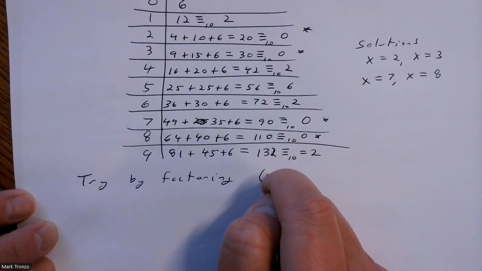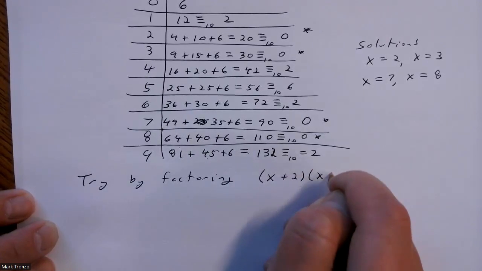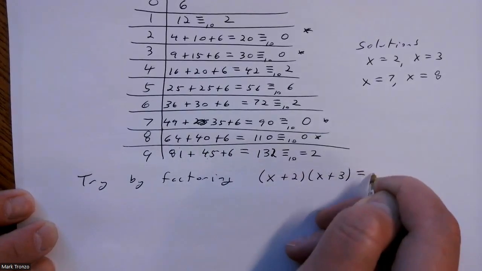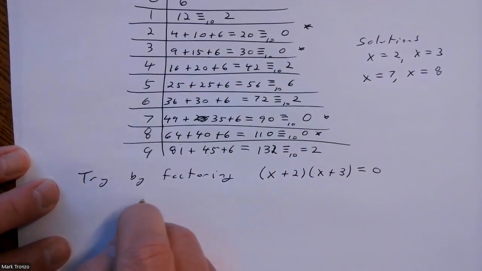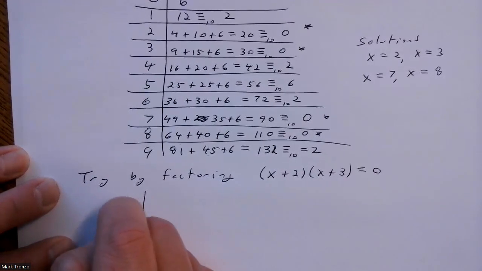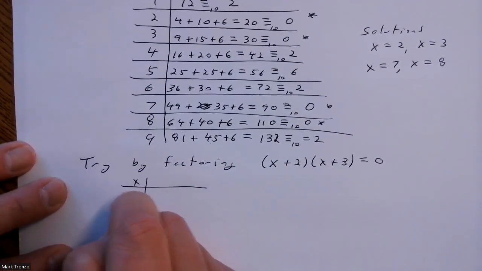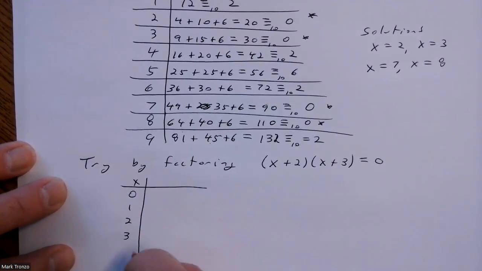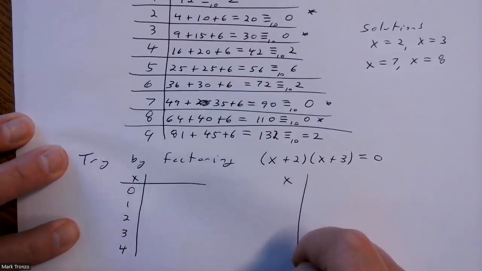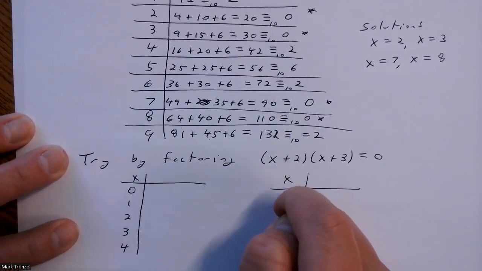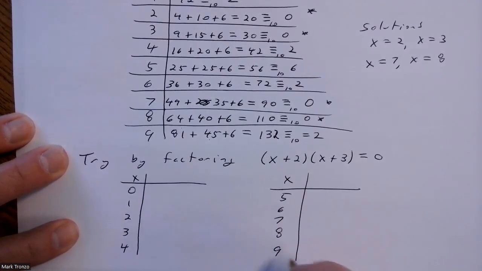If we factor it, (x plus 2)(x plus 3) is 0. And let's see if we do the same thing, if we can simplify. Let's see, x is 0, 1, 2, 3, 4. Over here, 5, 6, 7, 8, 9.